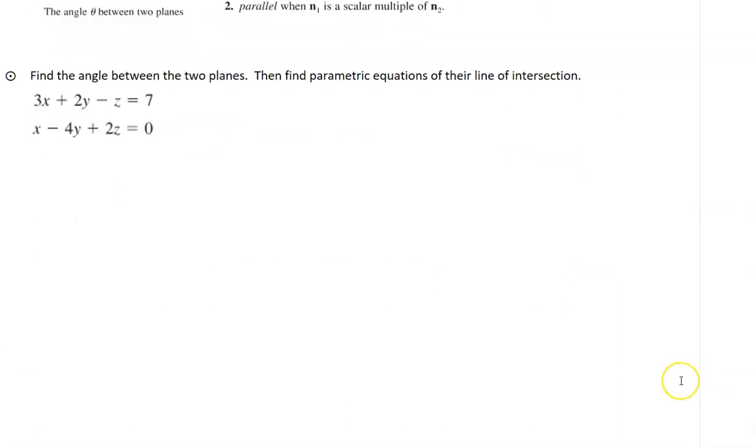So let's do an example. We want to find the angle between two planes, and we want to find the parametric equations of their line of intersection. For the first one, the constant doesn't really matter when we're looking at the vectors. So n1 here is going to be 3, 2, negative 1, and n2 is going to be 1, negative 4, 2.